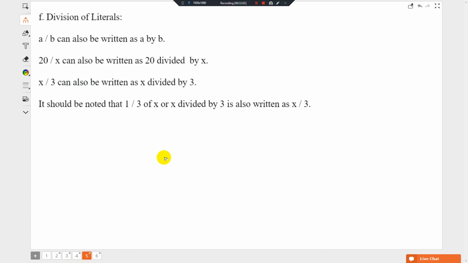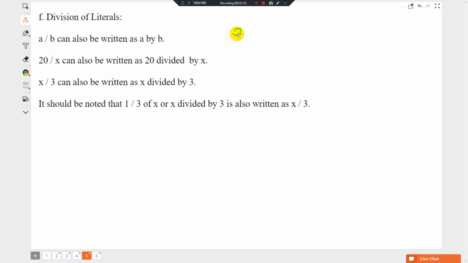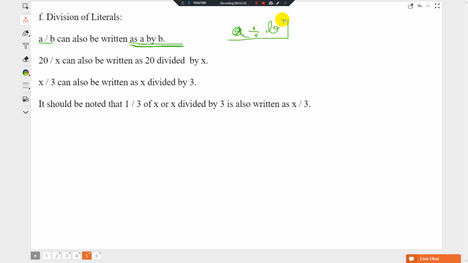Now, division of literals. A by B can also be written as A divided by B. A by B means A divided by B. Okay.